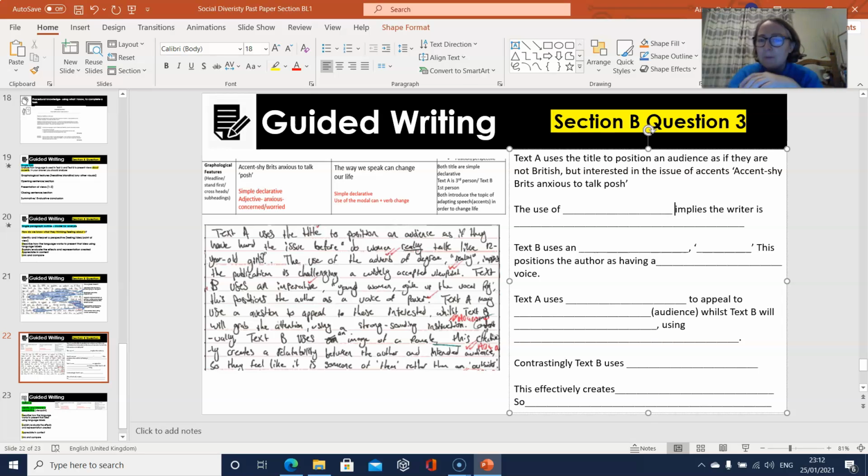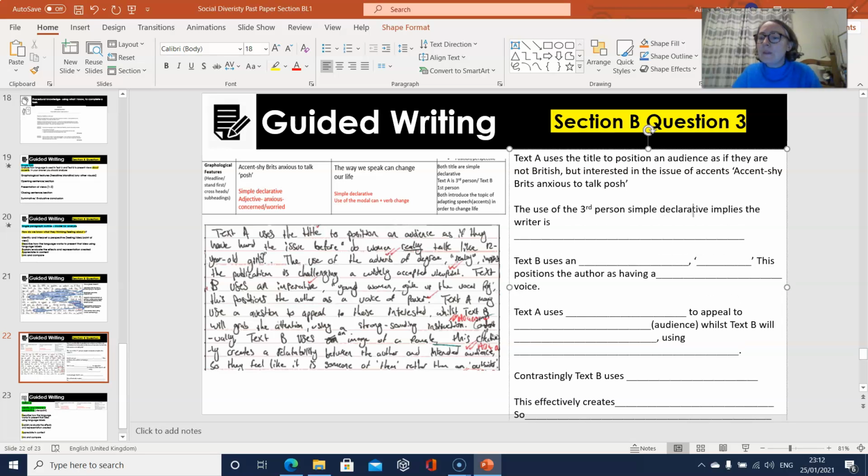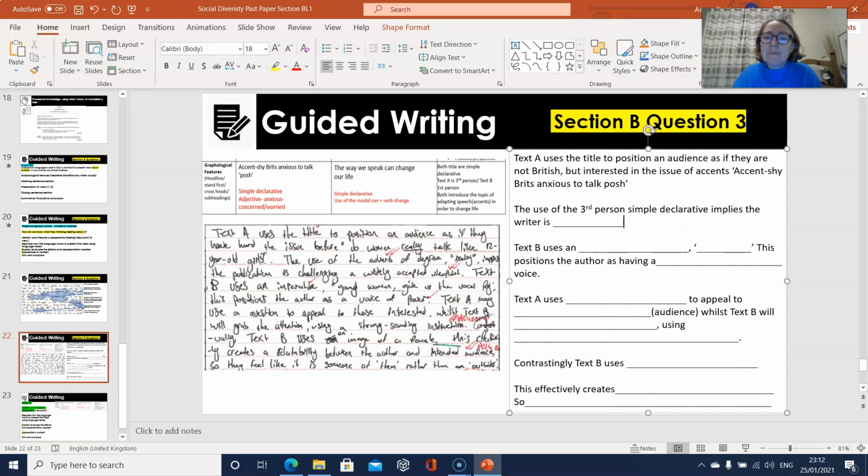Good. It's the fact that it uses Brits and that text A is a third person account. Okay, so we could say the use of the third person simple declarative implies the writer is. So let's just have a little look then. The use of the adverb implies the publication is challenging a widely accepted viewpoint. Okay, so we could actually use the writer implies the publication.